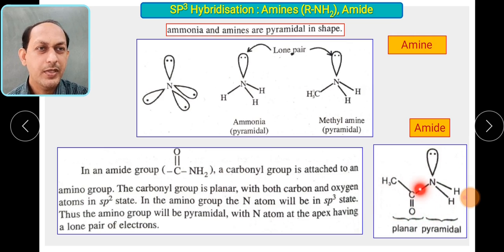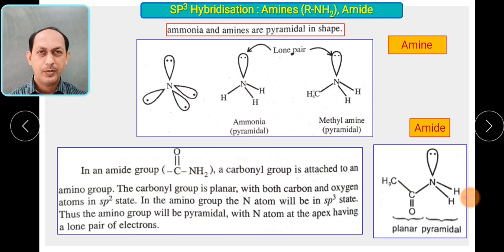This particular group, C double bond O, is planar with both carbon and oxygen having sp2 state. So this carbon is also in sp2 state, this oxygen is also in sp2 state. In the amino group, the nitrogen atom will be in sp3 state. This particular nitrogen is right now in the sp3 state. So thus the amino group will be pyramidal.